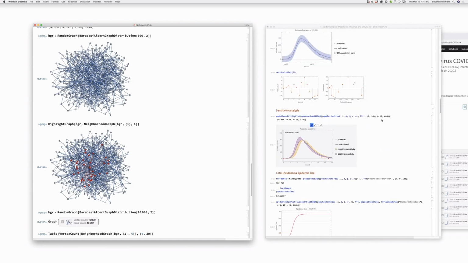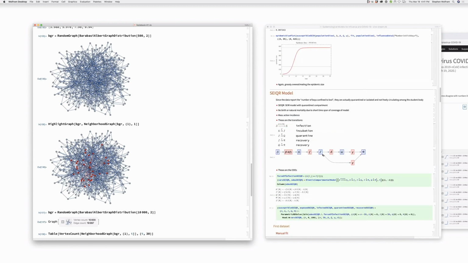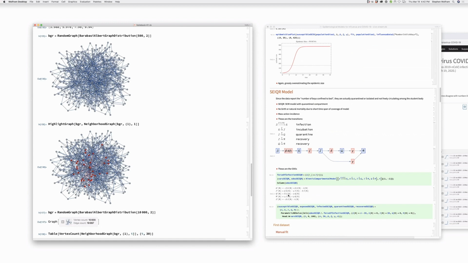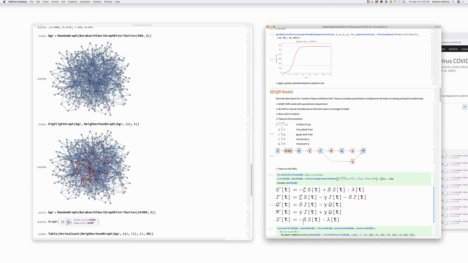Were you just taking people out of the infected? That's right. The infected people could either recover on their own or they would be quarantined and then recover from there. If they were quarantined, they were not able to infect other people, so the total force of infection was reduced. Right. So I'm seeing here, you've got a minus quarantine.